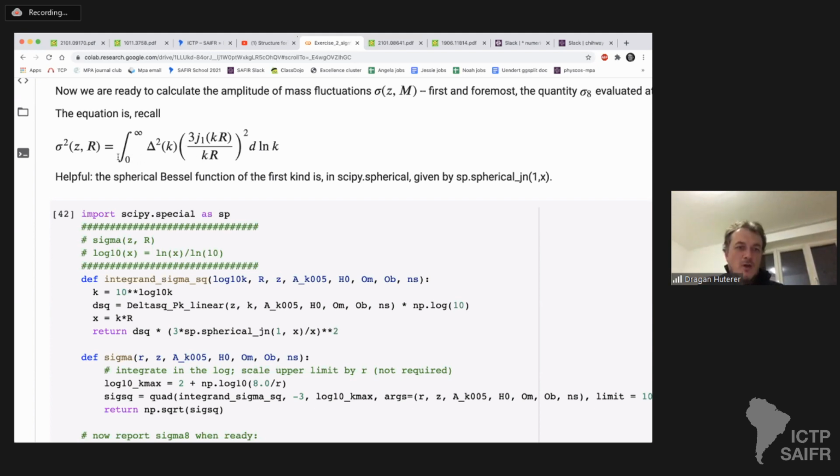why don't we do this integral 100 times at different values of r, maybe even different values of z, and tabulate, remember those values, and then make a table of sigma as a function of r, or maybe even sigma as a function of z and r. And then you interpolate within the table.